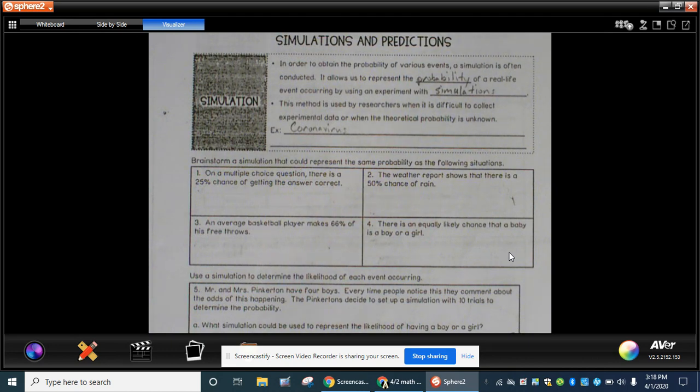All right, so for number one, we're going to create our own simulation to represent the same probability as the following situations. On a multiple choice question, there's a 25% chance of getting the answer correct. Well, what simulation could I perform to get the same results?